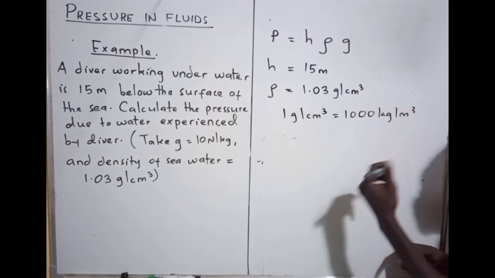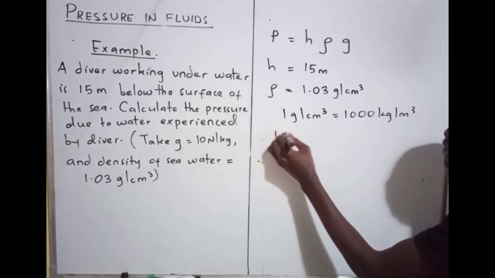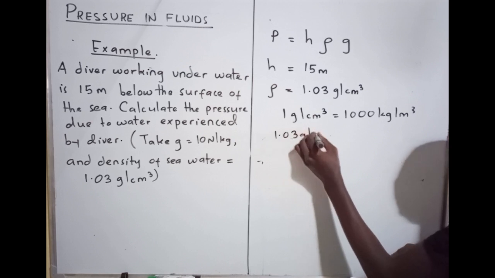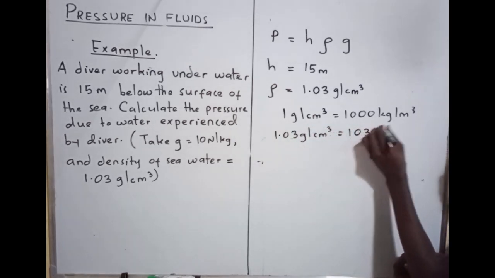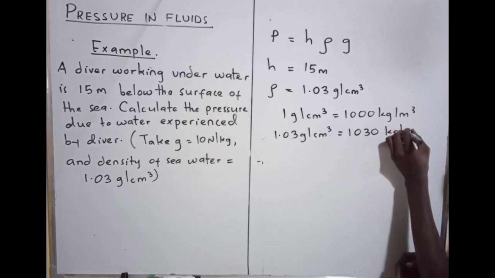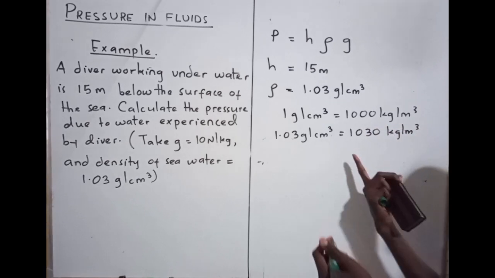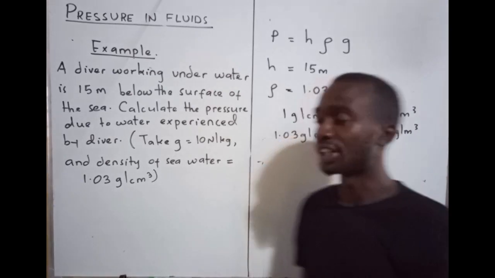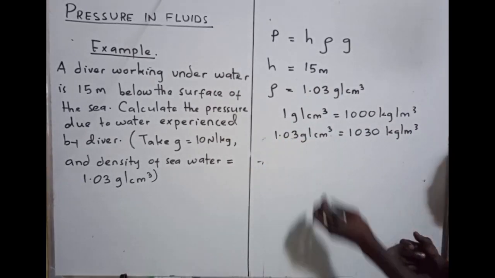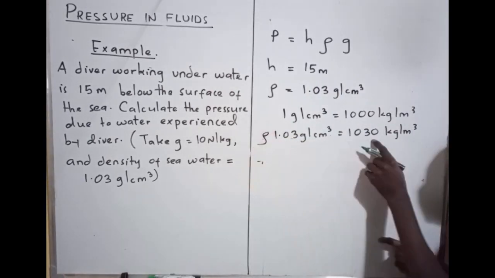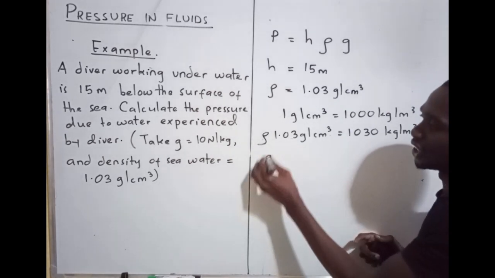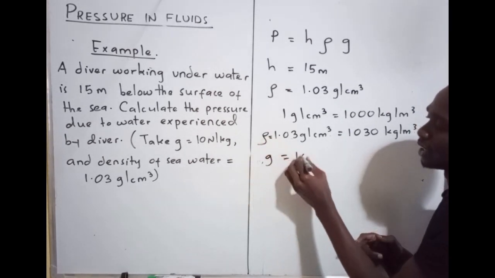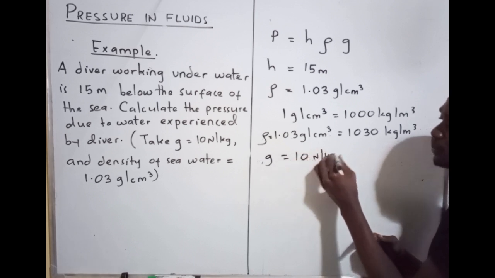So 1.03 grams per cubic centimeter gives you 1030 kilogram per cubic meter. You just cross multiply. Now this is the density of the seawater in SI unit. Then the gravitational field strength G is equivalent to 10 newtons per kilogram.